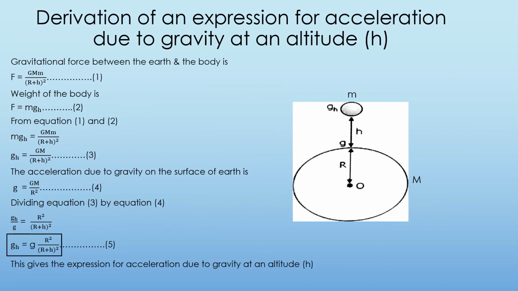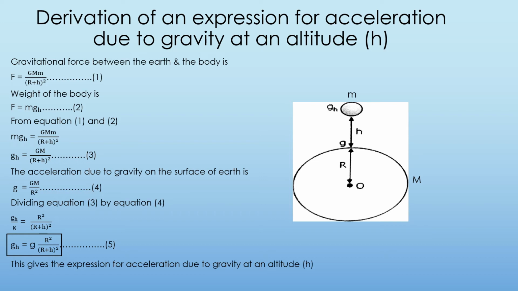Let's derive an expression for acceleration due to gravity at an altitude, that is, height h. Let's consider a body of mass m, small m, at a height h above the surface of the earth, which has a mass we'll consider as capital M and radius R, as you can see in the diagram.